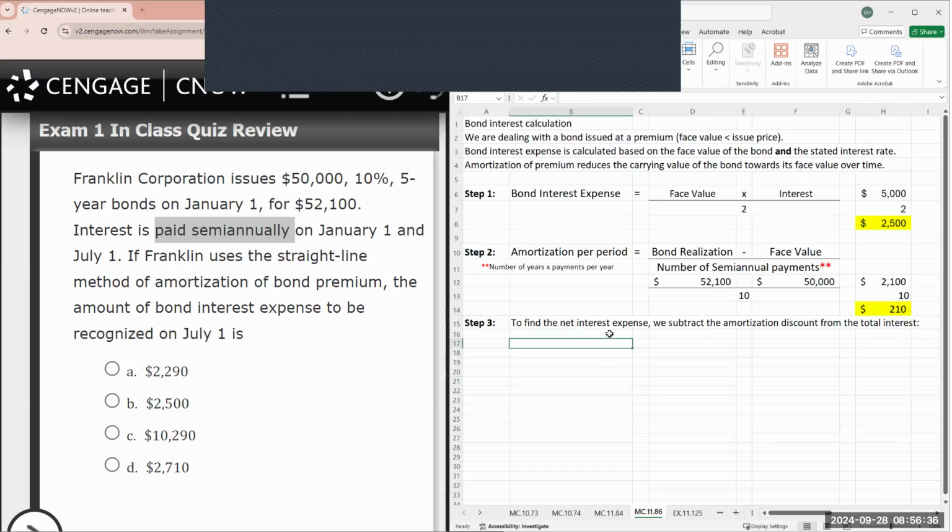So to find the net interest expense, we subtract the amortization discount from the total interest. I'm going to make this a little bigger.